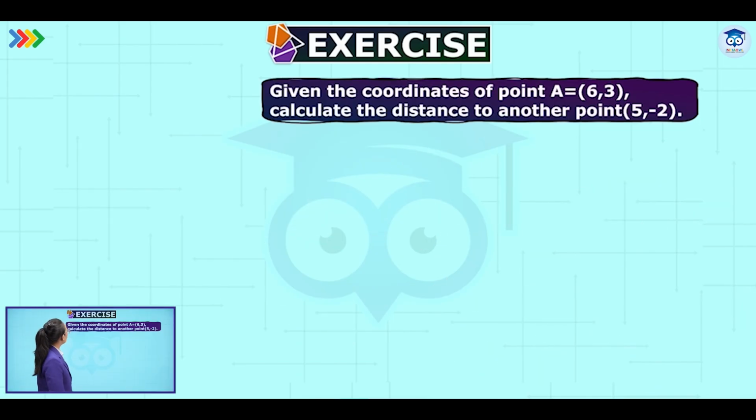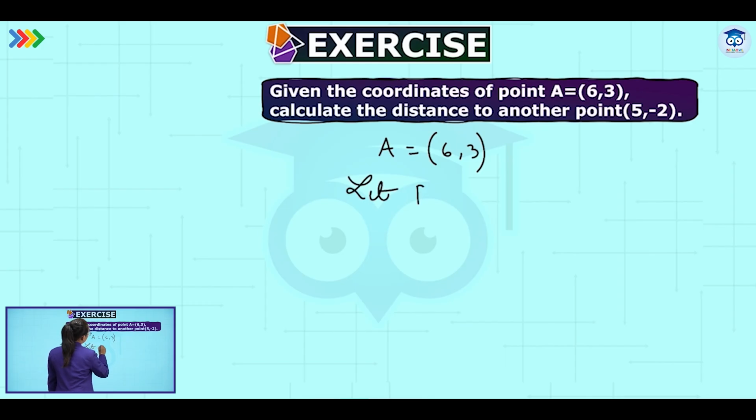Moving ahead, we are given the coordinates of point A as (6, 3). Calculate the distance to another point (5, -2). Let P be (5, -2).